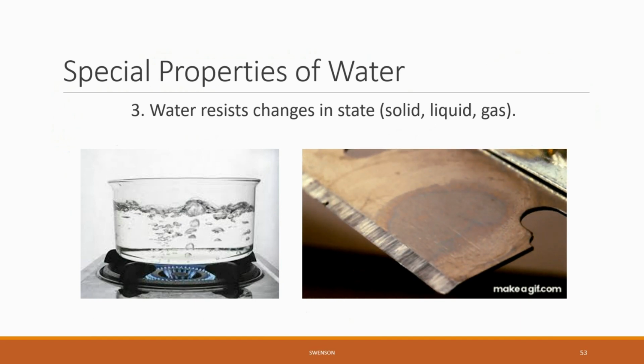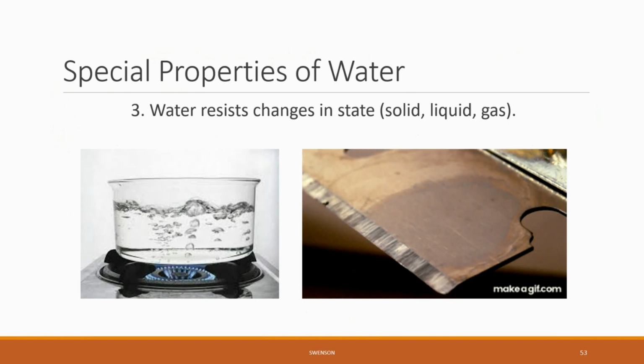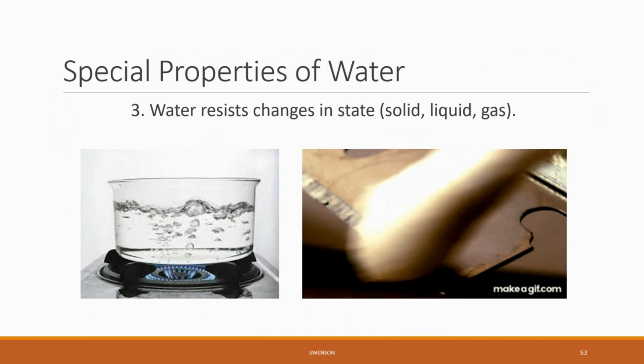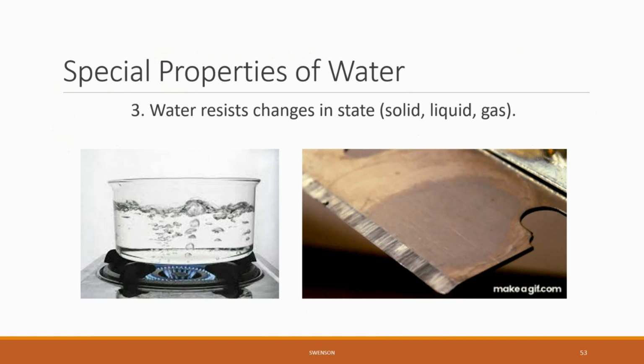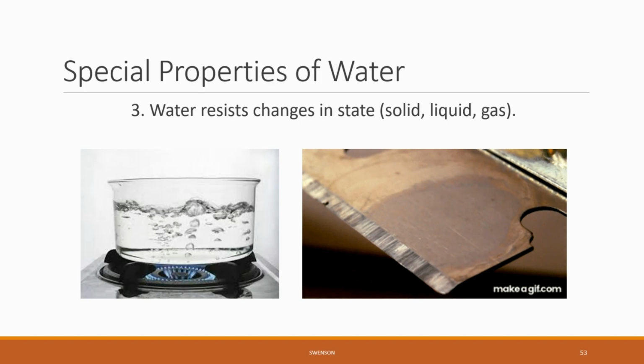And so we can maintain liquid water in a lot more circumstances than maybe other liquids that don't have such a powerful hydrogen bonding ability. And a reason for that is because the hydrogen molecules are pulling on each other so tightly that it takes much more energy to get them to break free of one another and escape as a gas.